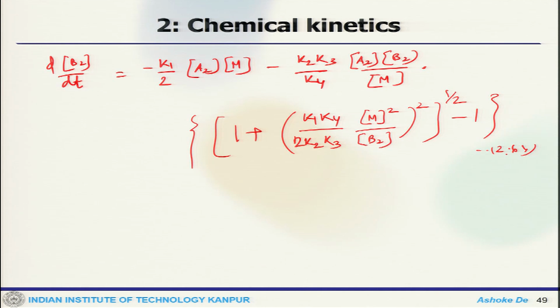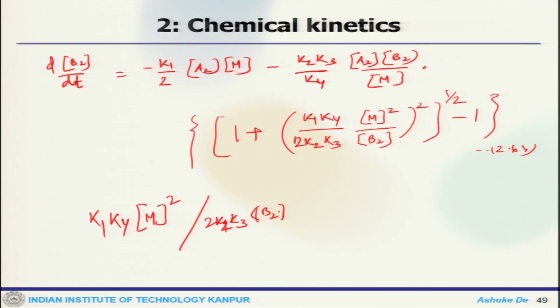The last two equations can be further simplified, and one may write K1 K4 M squared over 2 K2 K3 B2 is less than 1.